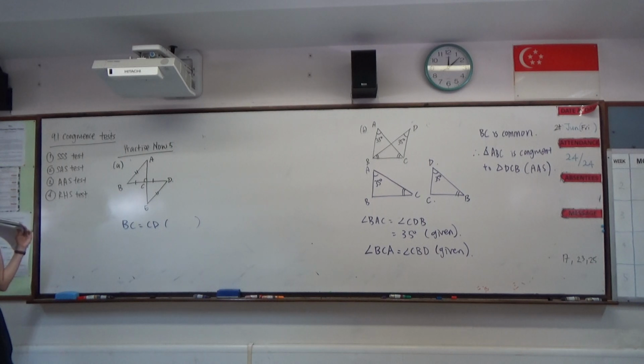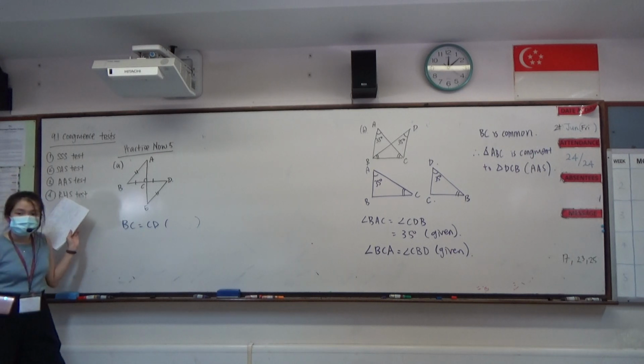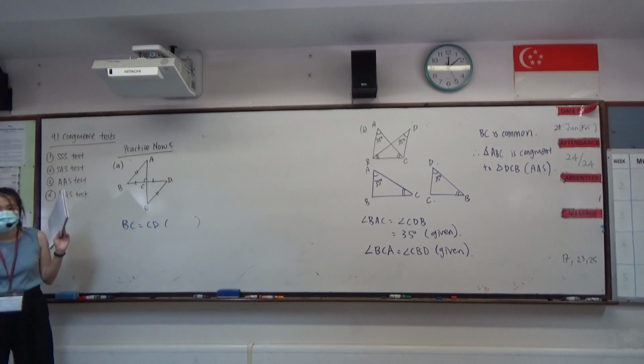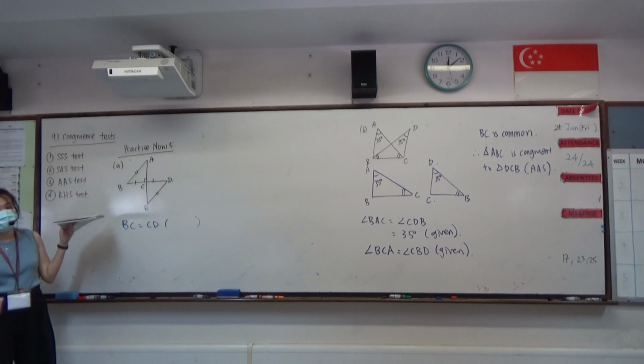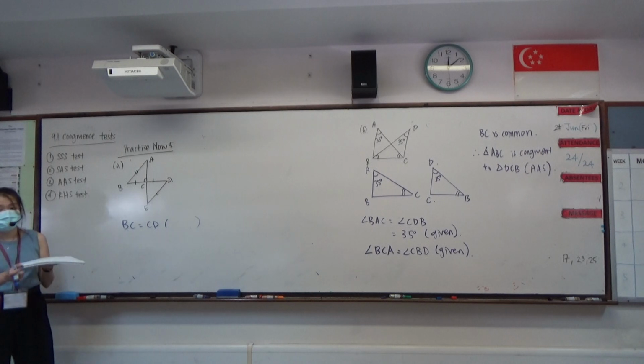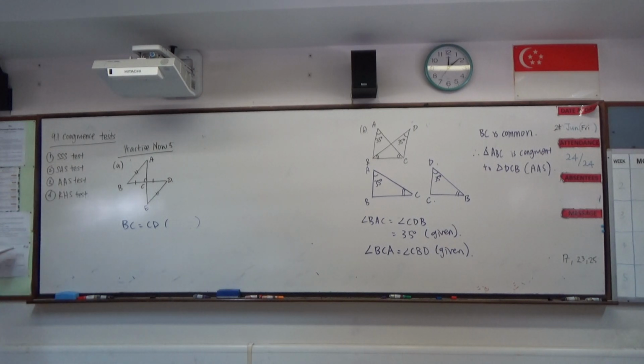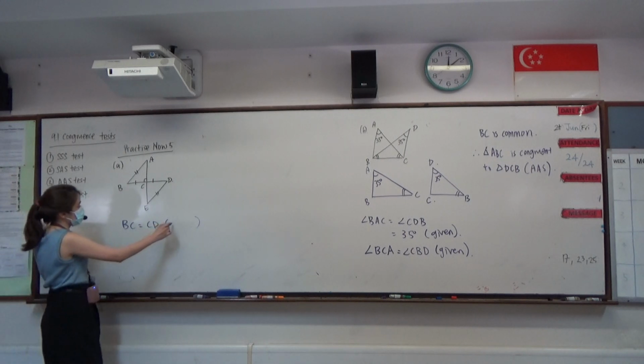What do you write? How do you know BC equals to CD? Can someone help out? It's given, right? Okay, so we just write given.